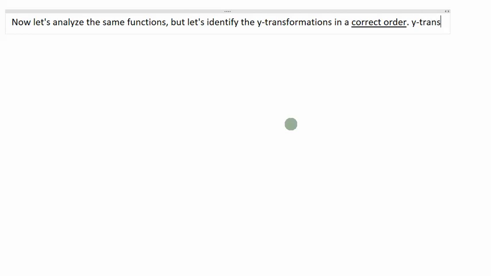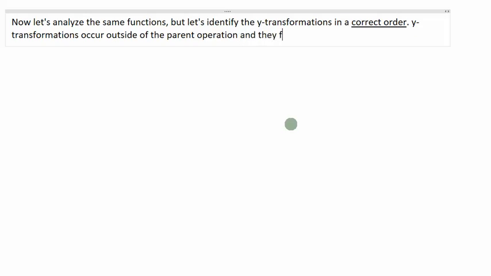What do we know about y transformations? Well, let me tell you. Y transformations occur outside of the parent operation. We just saw that the parent operation is always one operation. The y transformations occur outside of that operation, and they follow the order of operations. Y transformations are the easiest. That's why we're starting with those. Let me go grab our functions and we'll get started.